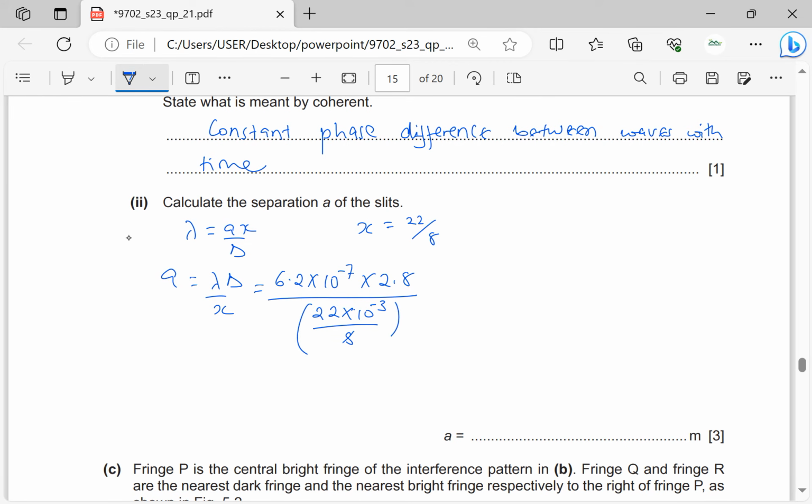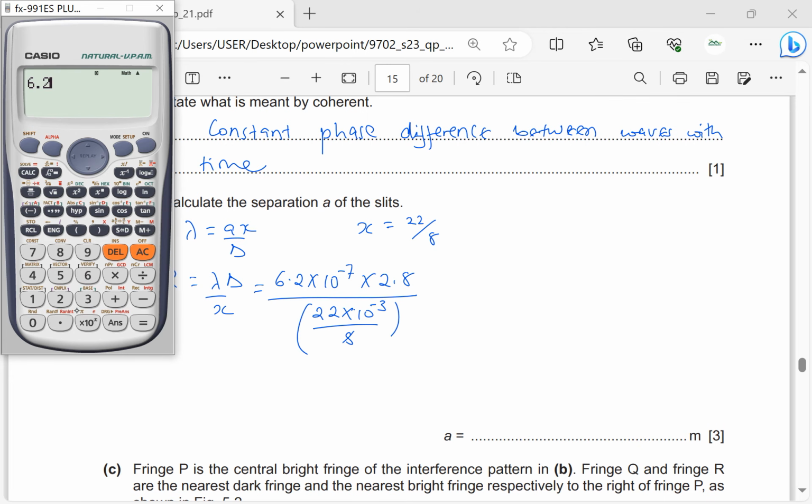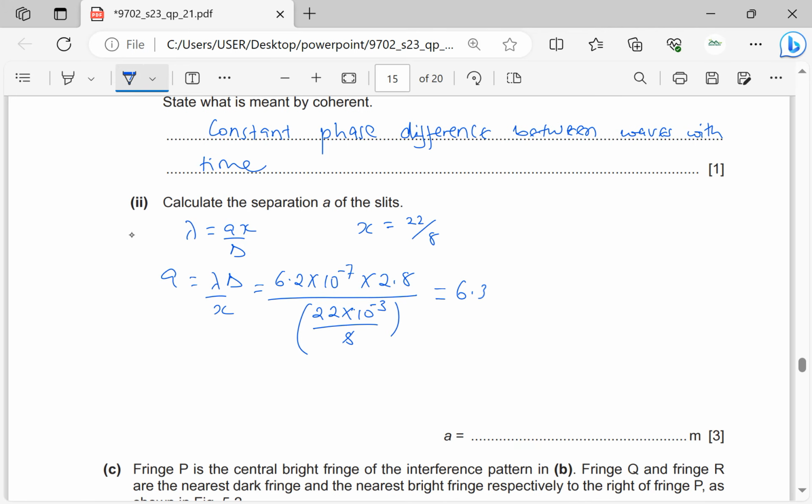From my calculator, 6.2 exponent minus 7 times 2.8, just take the 8 up, so times 8, then divide by 22 exponent minus 3. This gives me 6.31 times 10 power minus 4.